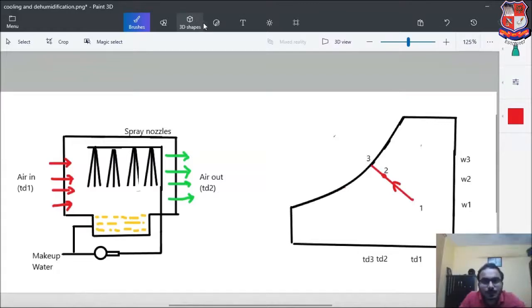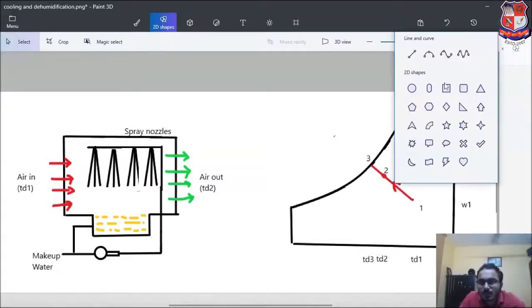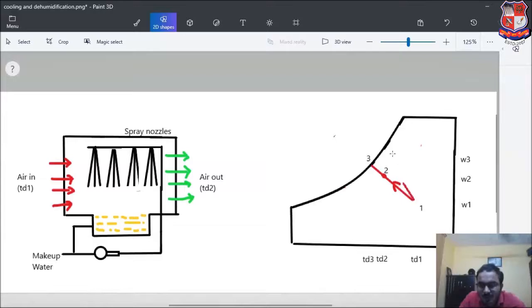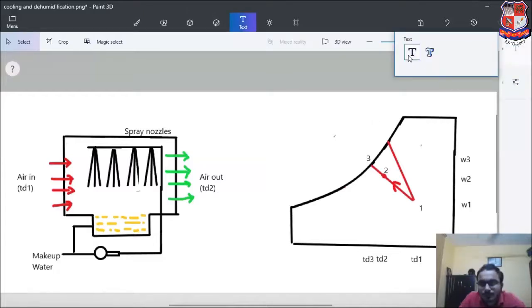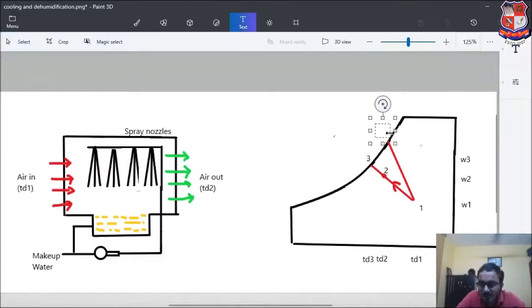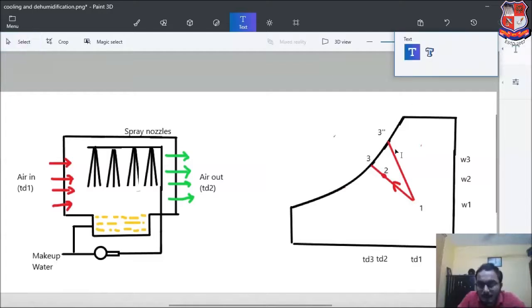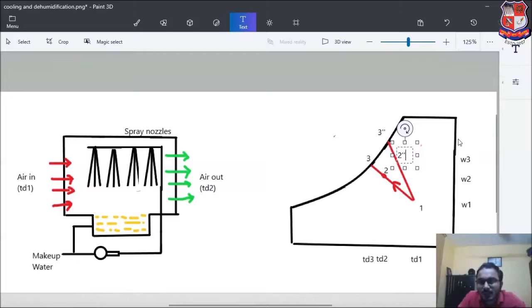Let us say our case number 2 is from here till here, and let us indicate this as 3 double prime, and our exit point of air will be, let us say, here, which is denoted as 2 double prime.